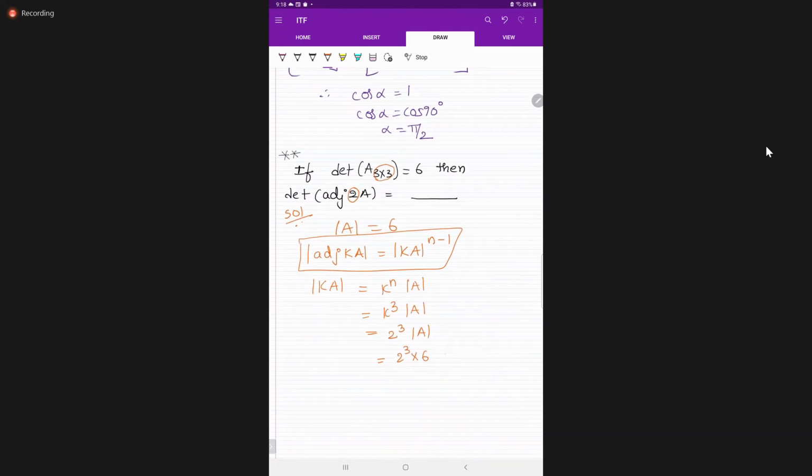Students, understood what I am telling here? This can be written as 2 cube into 2 into 3. Bases are equal, so powers should be added: 2 power 4 into 3.